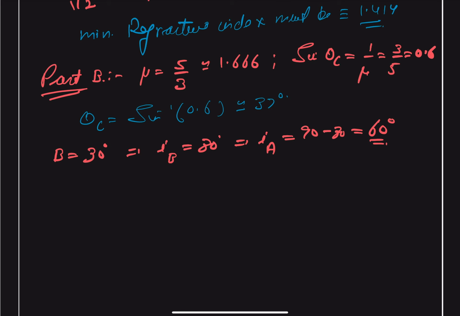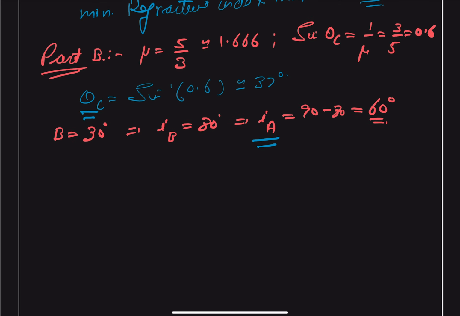If you make a comparison between angle IA and the critical angle, we can see that IA, which is 60 degrees, is greater than the critical angle, which is 37 degrees.